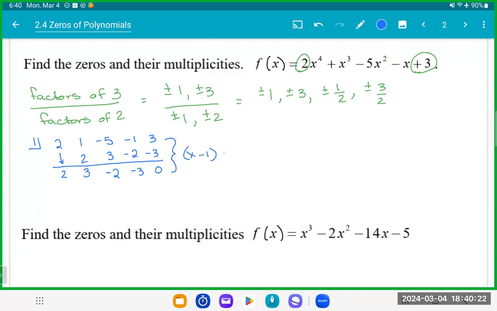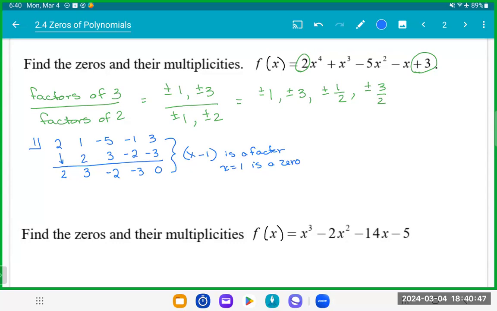So x minus 1 is a factor, and x equals 1 is a 0. So that's what that's telling. Okay, and that's all because of, remember from last class period, that remainder theorem, we ended with the remainder of 0. Therefore, 1 is a 0 of this polynomial.